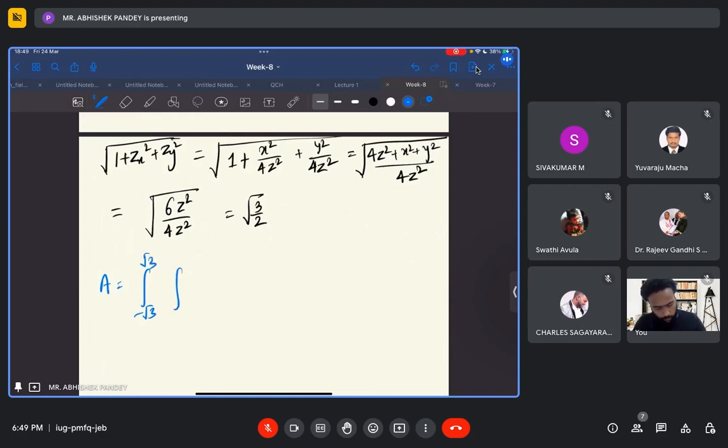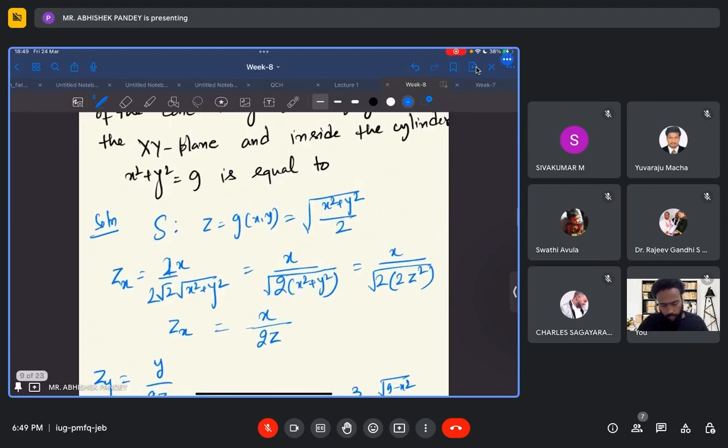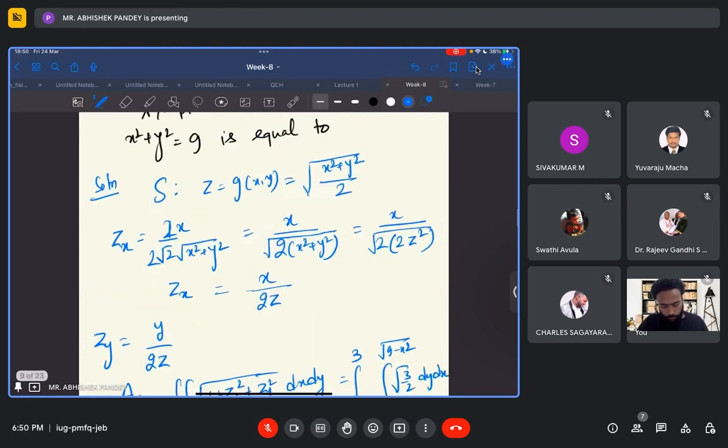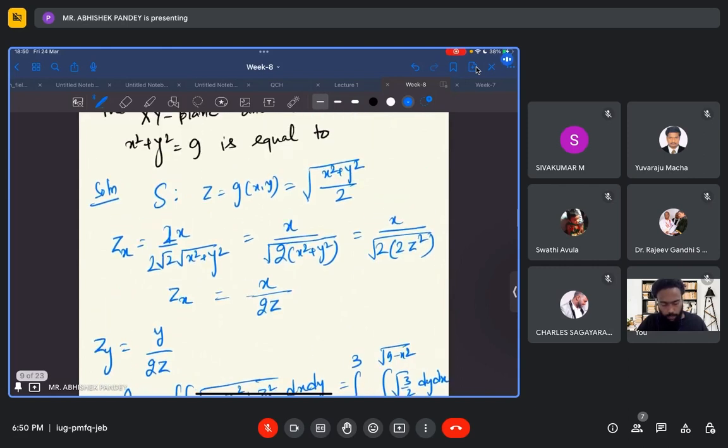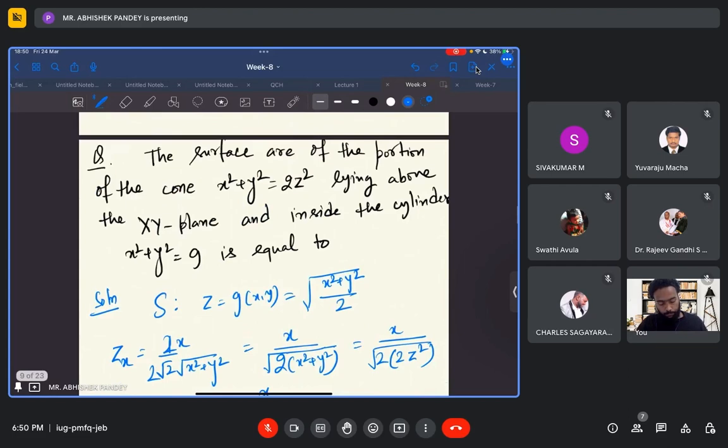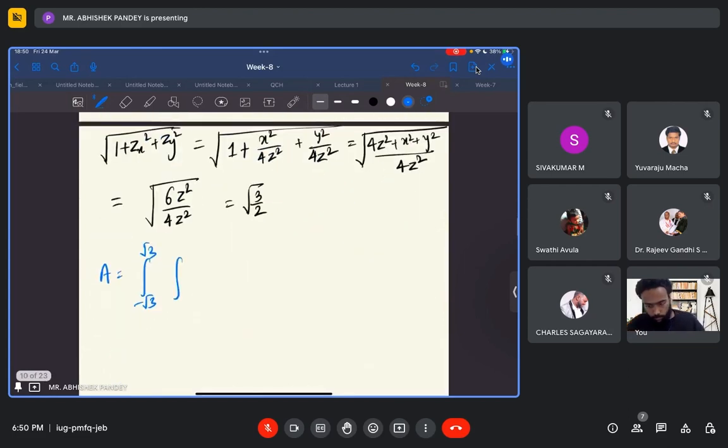So this one is clear. x square plus y square is 9, so the limit of y will be minus under root 9 minus x square to plus under root 9 minus x square, and root 3 by 2 dy dx.